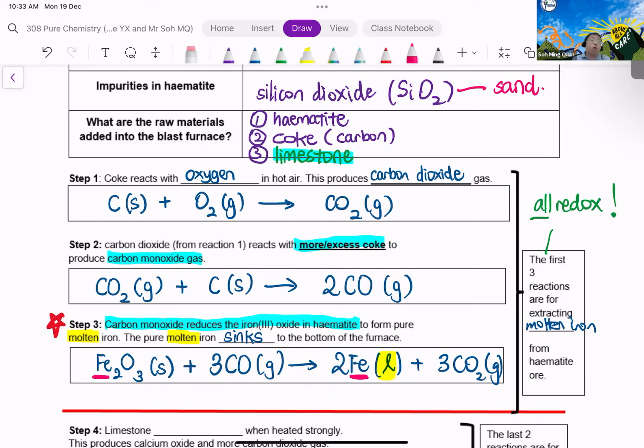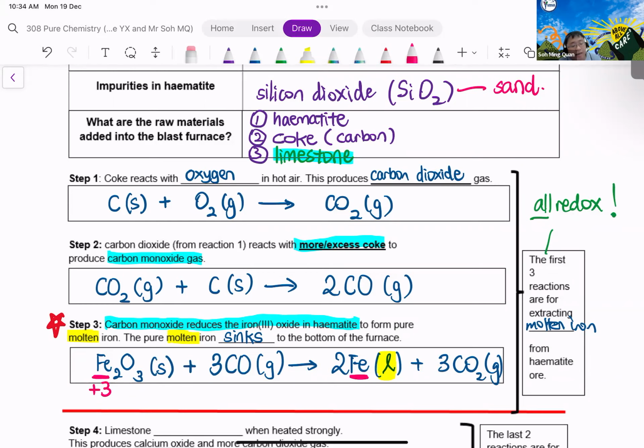So in Fe2O3, at the start, the oxidation state of iron is +3. How do I know that? Because oxygen is -2. I have 3 oxygens. 3 times -2 is -6. Therefore, each iron must be +3. Okay? So at the start, the oxidation state of iron in Fe2O3 is +3.